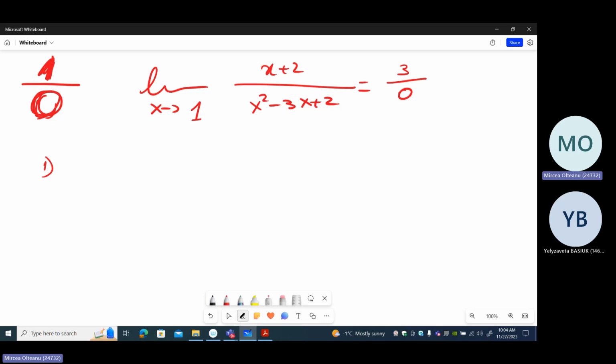Well, the method consists in 2 steps. The first step is to make a table of sign of the denominator.